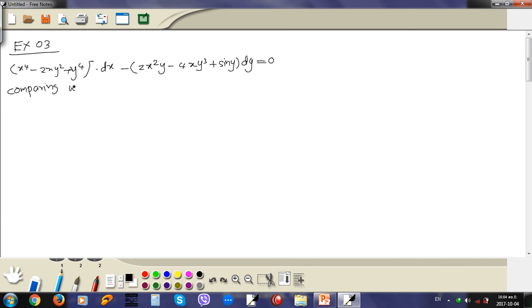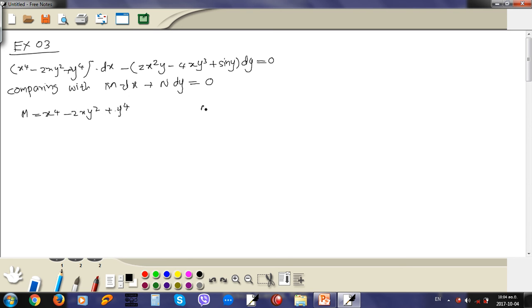Comparing with our form, M times dx plus N times dy equals 0. Then M equals x to the power 4 minus 2xy squared plus y to the power 4.